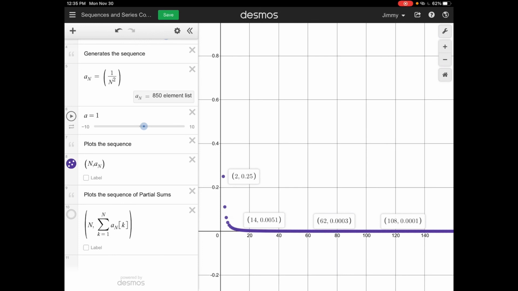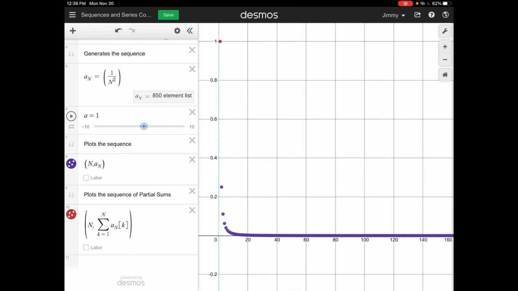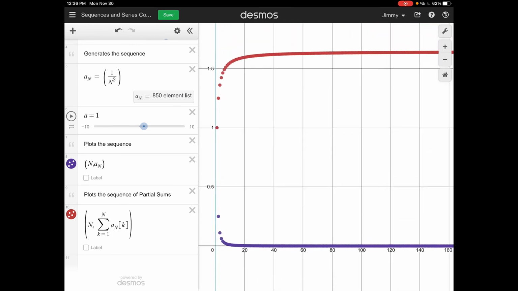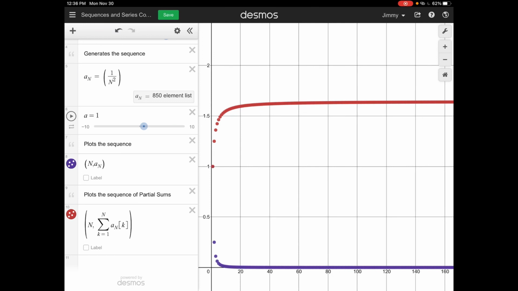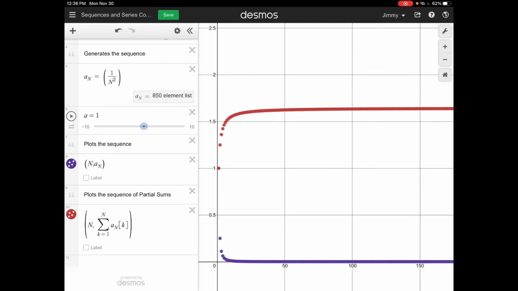So let's look at a graph that plots the sequence of partial sums without us writing it out. I'm going to turn that on here in red. I need to zoom out a little bit so we can see it. As I start to add more and more of these partial sums together, my x-axis here represents the number of terms I'm adding together. In this particular case, you'll notice that we are actually narrowing in on a value.